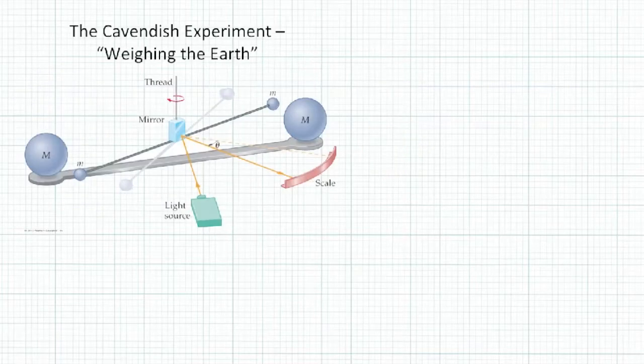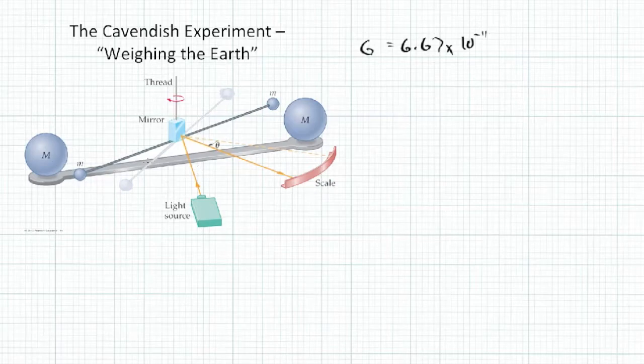Okay, moving on. This diagram right here just points out a very famous experiment by a scientist named Henry Cavendish, where he actually measures or gets very, very close to the actual value of G, 6.67 times 10 to the negative 11th, our gravitation constant. It was kind of a neat apparatus.